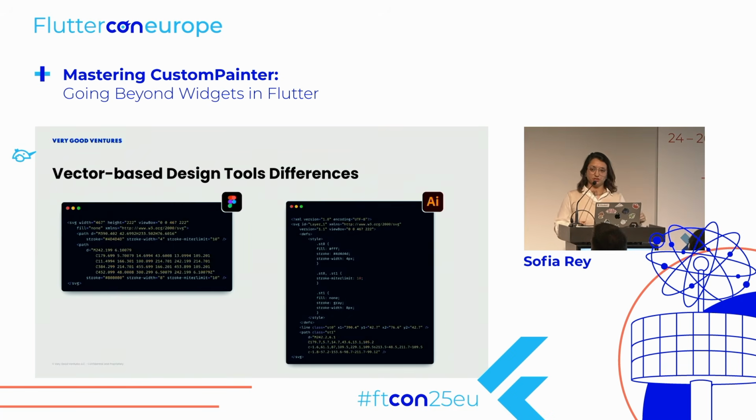I do want to mention that there are some differences between vector-based softwares. In this case, it's SVG code for the exact same image, one done in Figma and one done in Adobe Illustrator. And as you can see, Adobe will put all the styles on top and assign classes, while Figma does the styles inline.